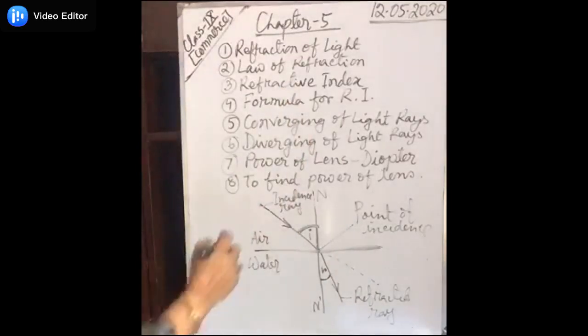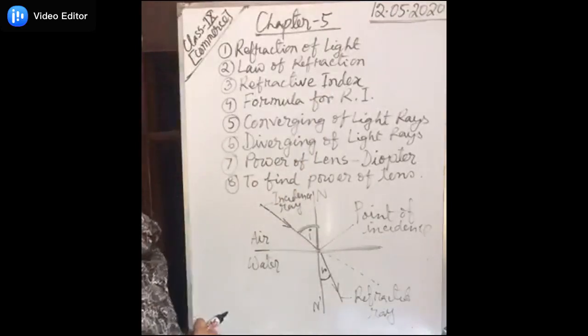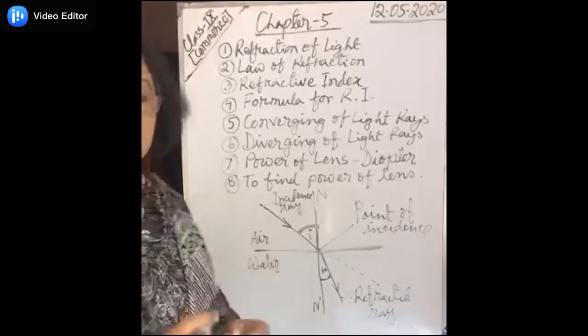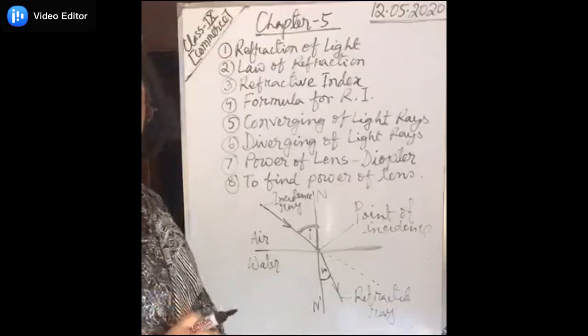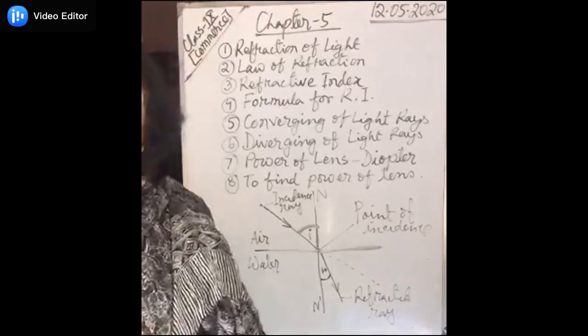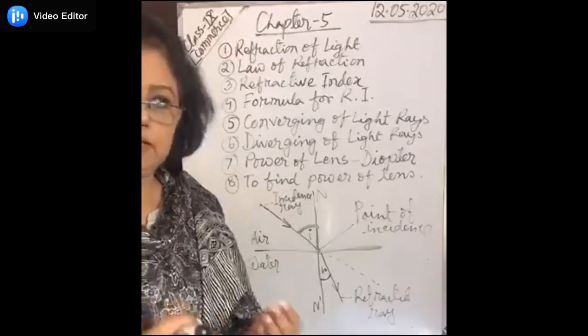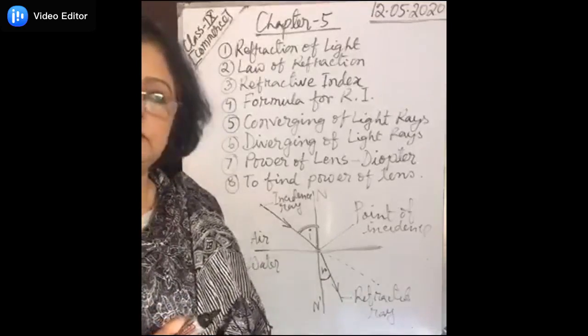Now come to another important term, called refractive index. So what is refractive index? When refraction occurs, the mediums are always transparent, and different kinds of mediums are made up of different kinds of molecules. Some are dense and some are denser, some are lighter, and the amount of molecules is more in a dense medium.